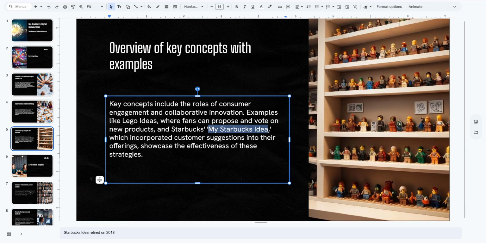Then the same it was with Starbucks, My Starbucks Idea, where they were taking reviews and feedback from people on what to include in the breakfast menu. And basically people could come and give suggestions of what to put in the menu.